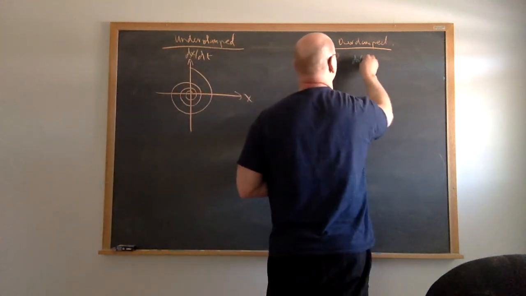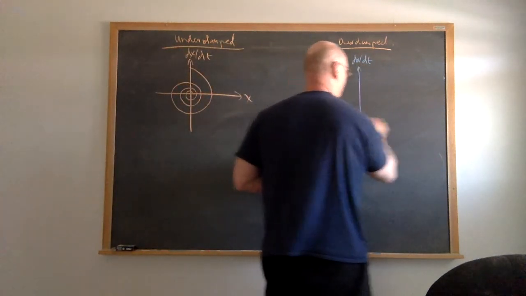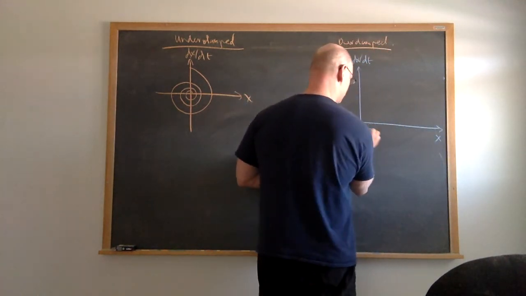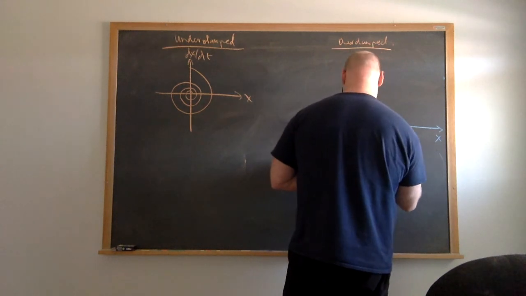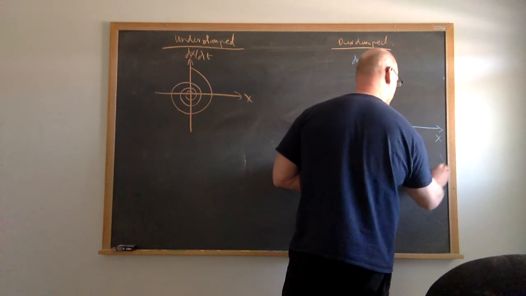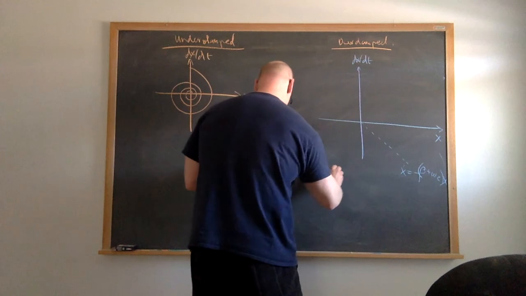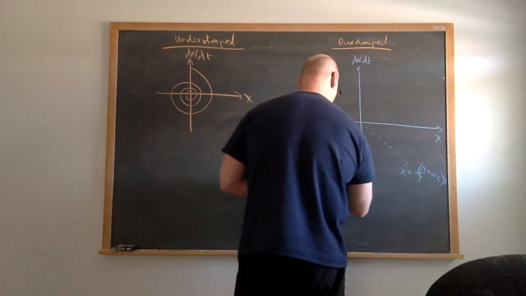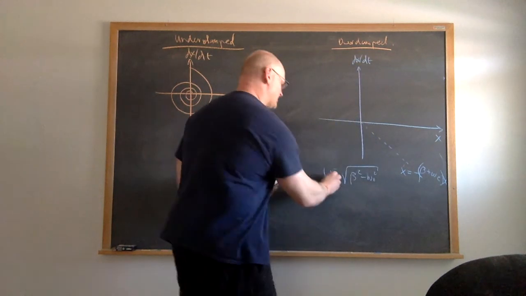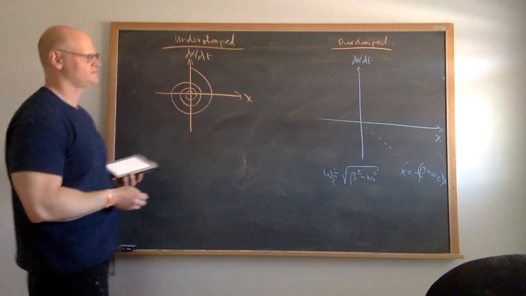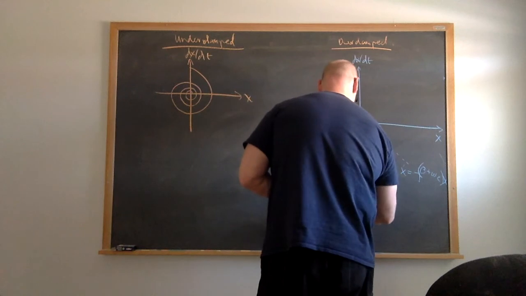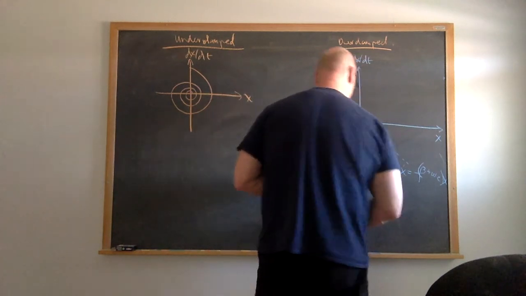If I look at dx/dt on this axis, x on this axis, this dotted line corresponds to when x dot is equal to minus beta plus omega 2, times x, where omega 2 is equal to the square root of beta squared minus omega 0 squared. So basically, omega 2 is equal to minus i times omega 1.